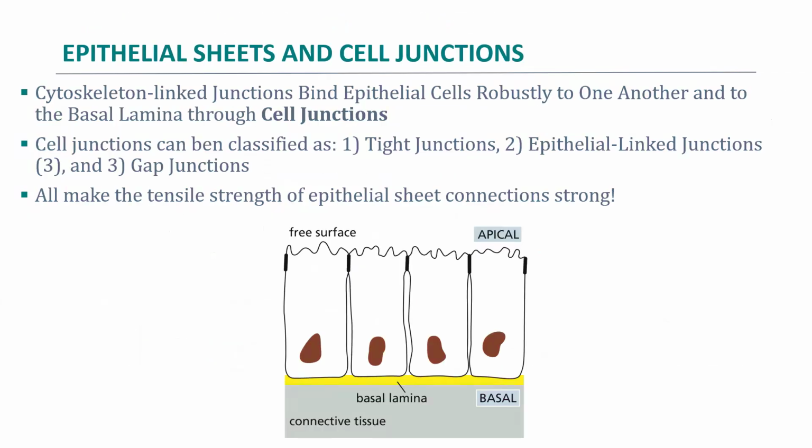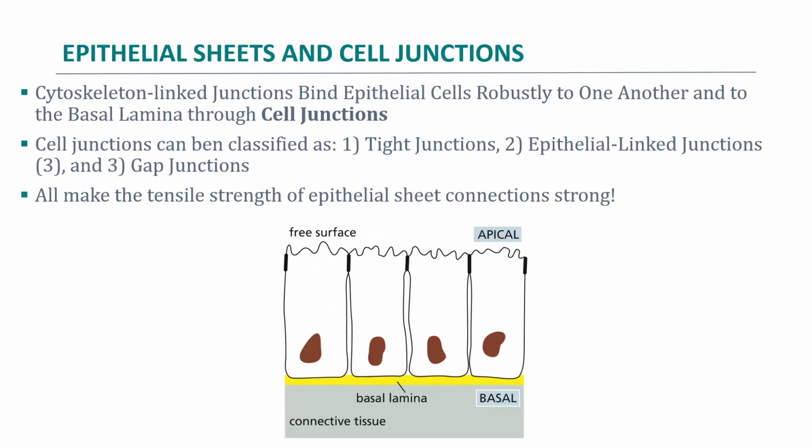So, how do we hold our very thin layer of epithelial sheets collectively together at this basal membrane? Again, how we do this is through what we call cell junctions. Cytoskeletal linked junctions are one of the classifications that we're going to use. We bind these things tightly together so that there is movement and strength for functionality, form and function.